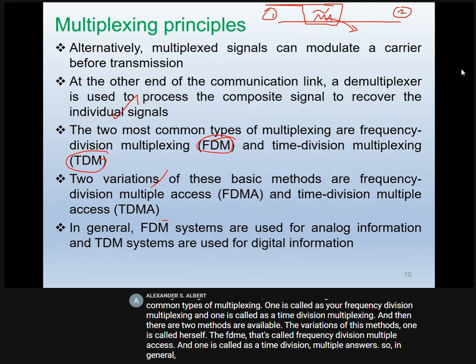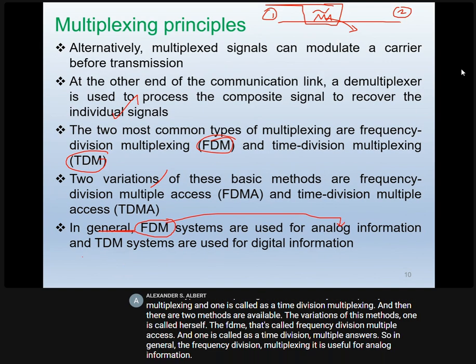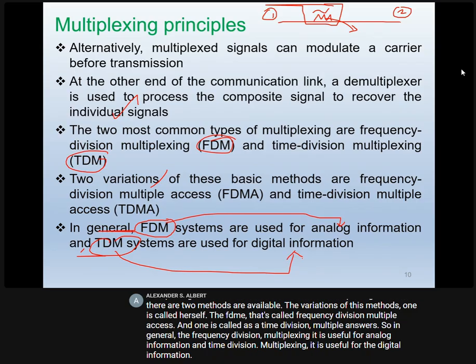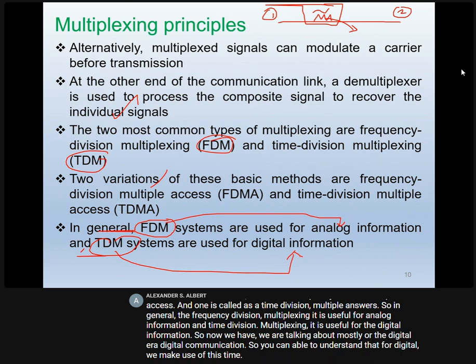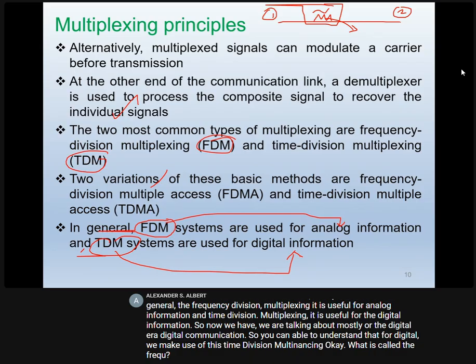In general, frequency division multiplexing is useful for analog information, and time division multiplexing is useful for digital information. Since we are mostly talking about the digital era, digital communication, for digital we make use of time division multiplexing.